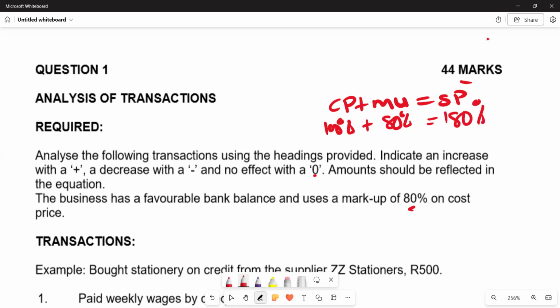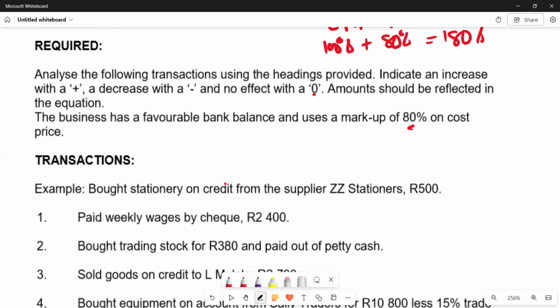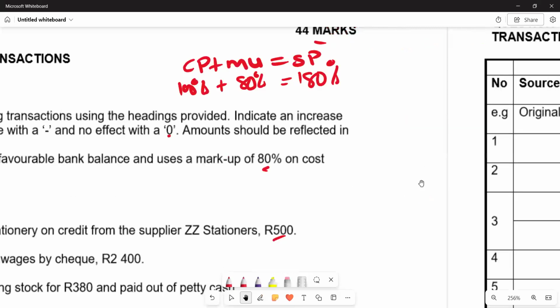As we go, we see that we are given transactions, and we are given an example: bought stationery on credit from the supplier, ZZ Stationers, for 500 rands. This is given in the answer section in terms of how we are supposed to answer.